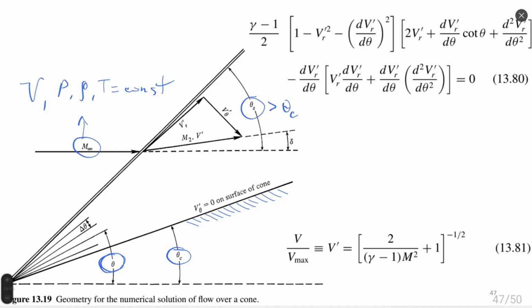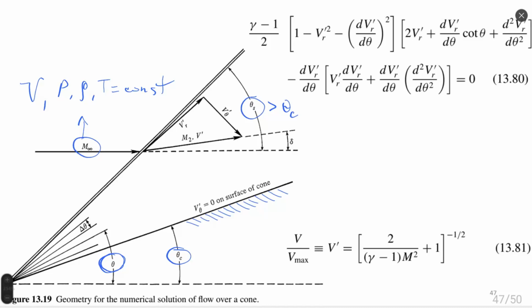As a consequence of this model, we can find also equation 81, which gives us a relation between arbitrary velocity at any arbitrary point, maximum velocity in the flow, and so-called dimensionless velocity, V prime.